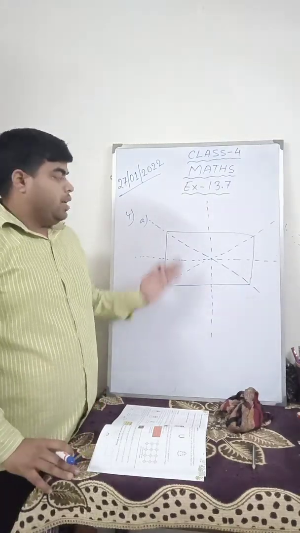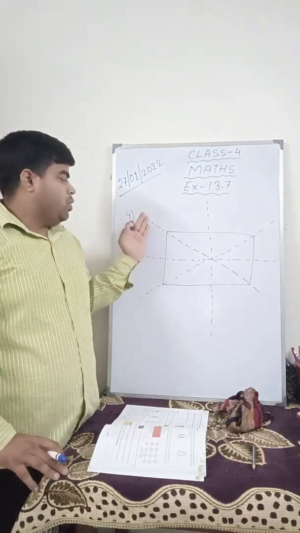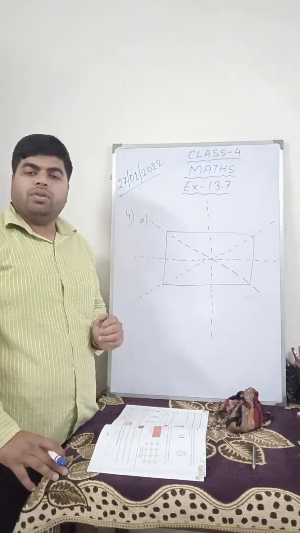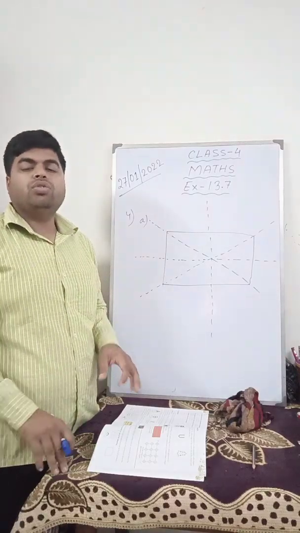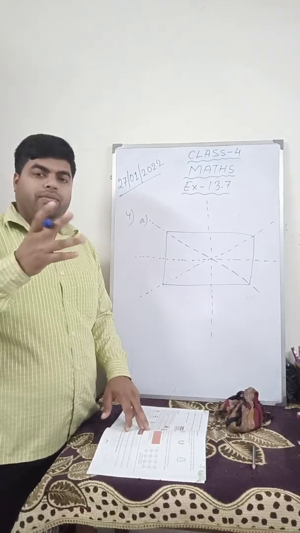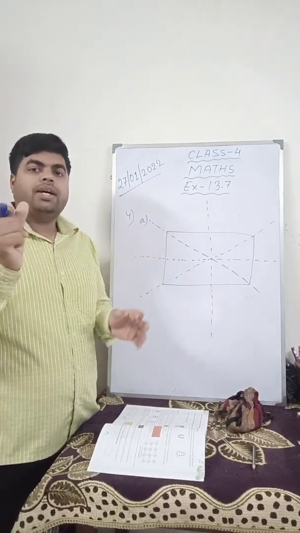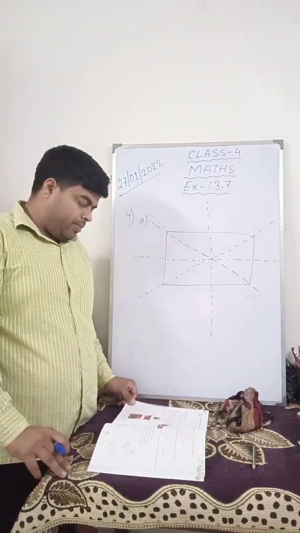If you cut vertically, it will look the same. You cut horizontally, it will look the same. You cut diagonally, both halves will look the same. So this is how you have to think and do the lines of symmetry, so that you must imagine that if you cut that into two equal pieces, it has to look the same. I hope you have understood this, children.